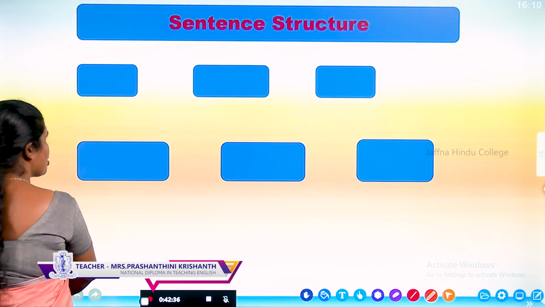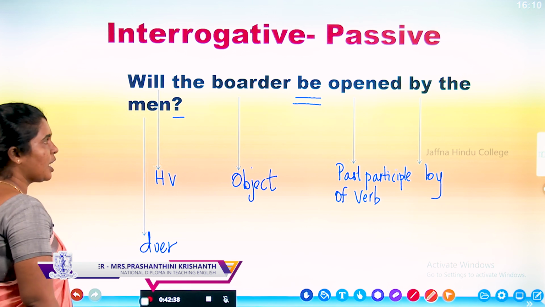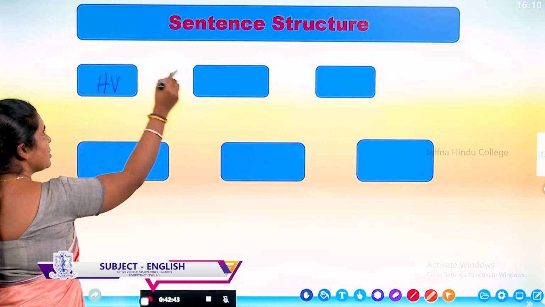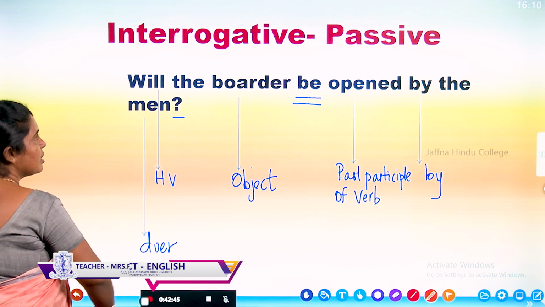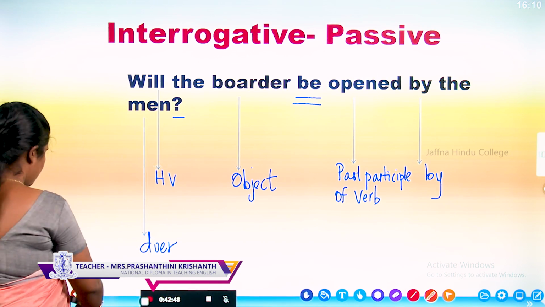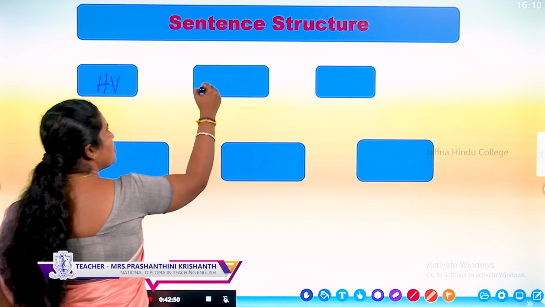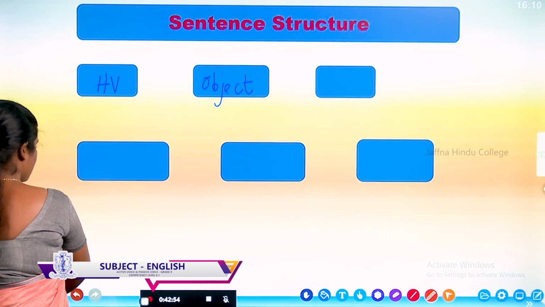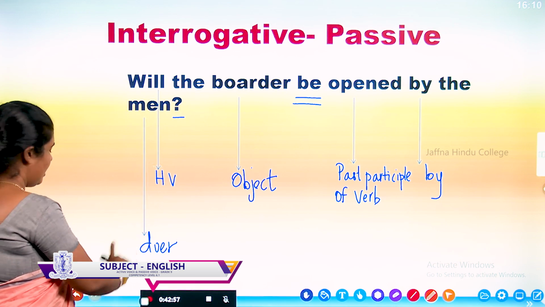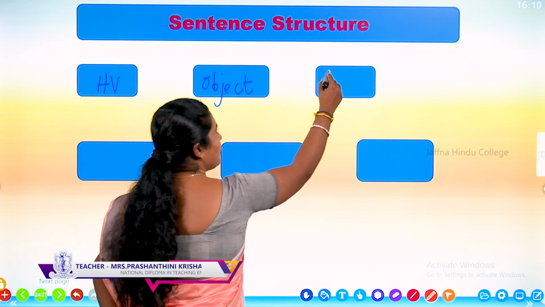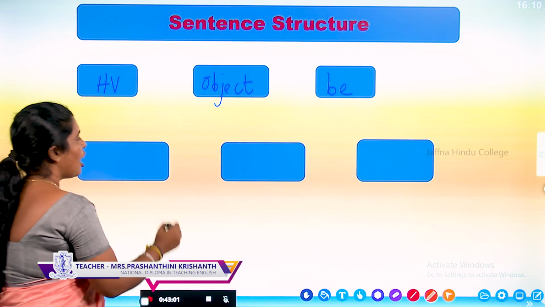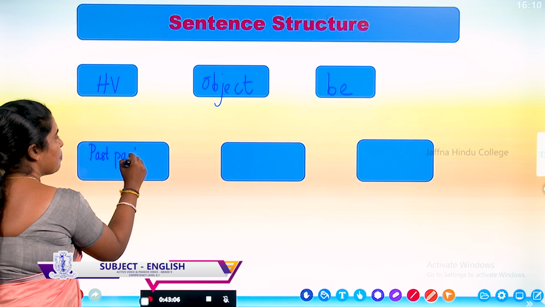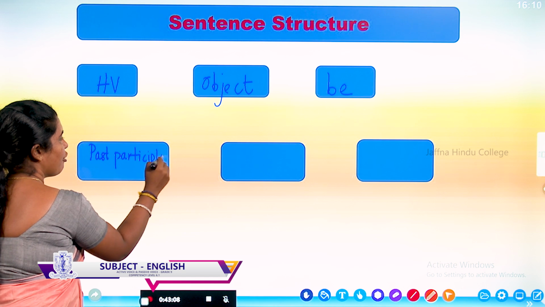Right? What comes first here? Helping verb should come first. Right? So helping verb. Next one, object. Right? So object should come here. Next, be, right? Be. After that, past participle of verb.